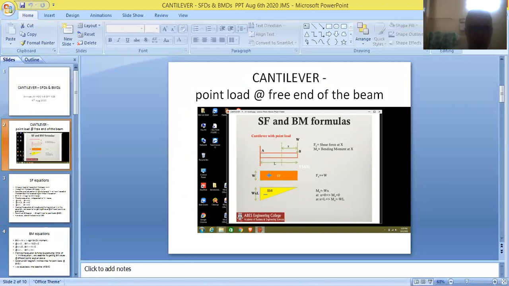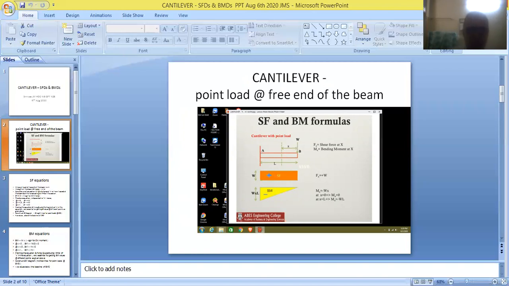So at this point, we got the value of bending moment as 0, and at the midpoint it is minus WL by 2. And finally, at the fixed end of the beam, at this point, we got the value as minus WL. So minus is already written inside the diagram, so there is no need of writing the minus sign.